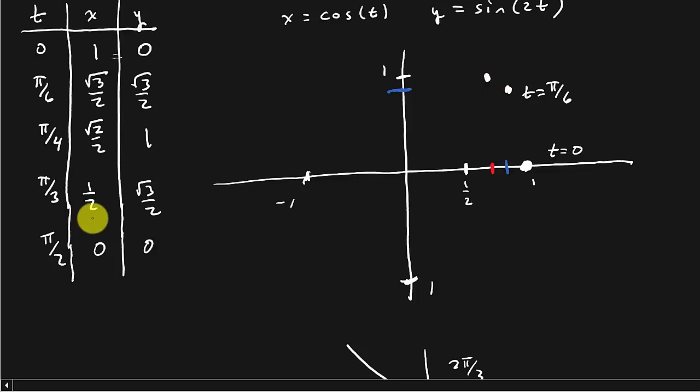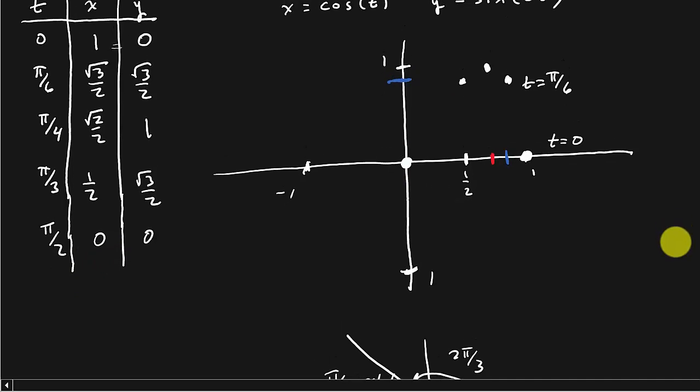And then we've got the point 1/2, square root of 3 over 2, which is going to be right here. It's going to be at the same height as that point, but right here. And then we've got the point 0, 0. All right, so the way this thing's going to look is, I guess, something like this.